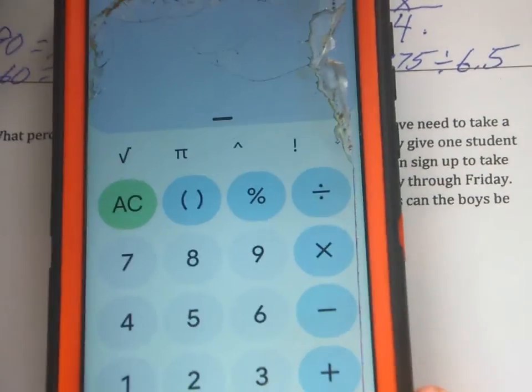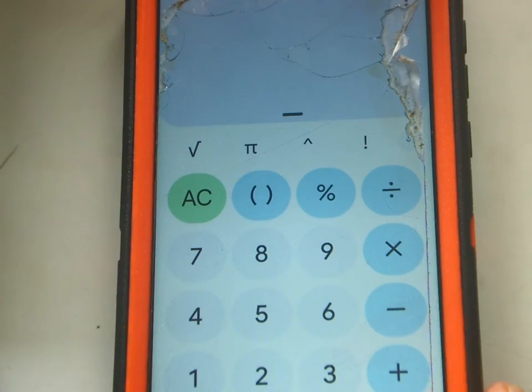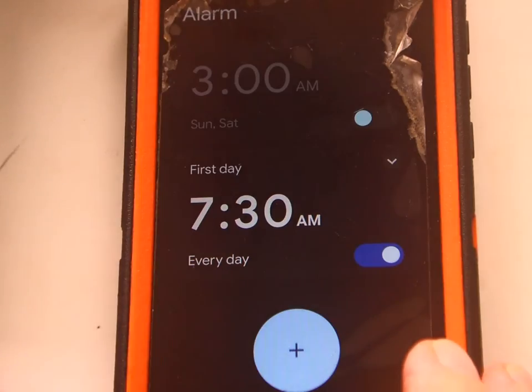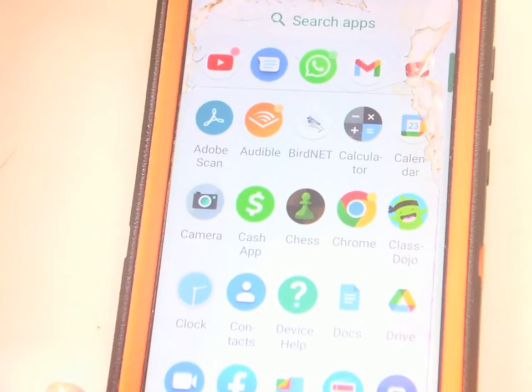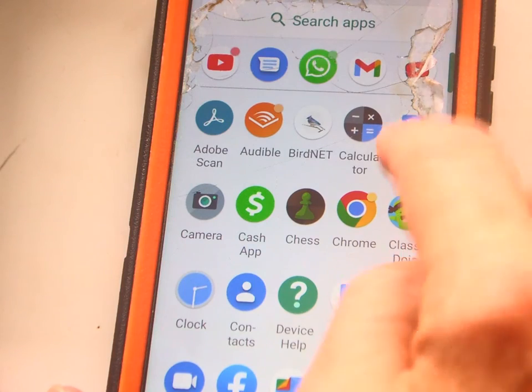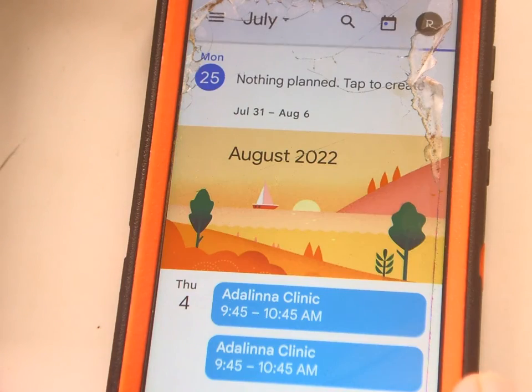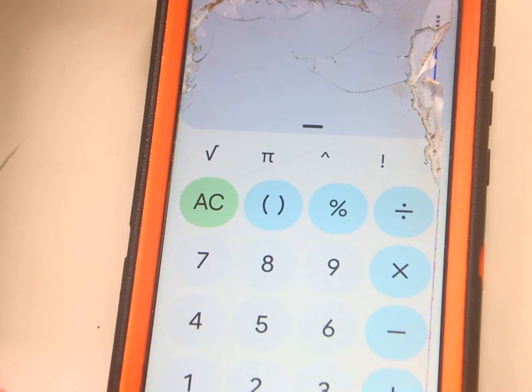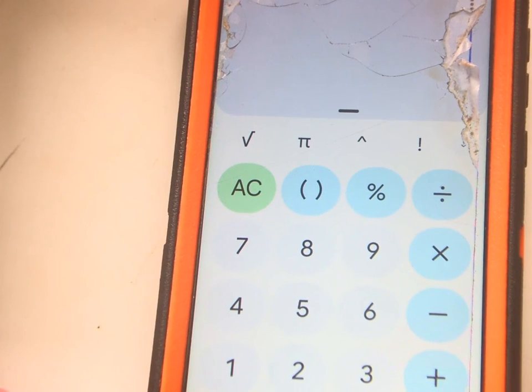4 times 9.75. Oh, that's calendar. Oh, well. Here we go. Is it clear?